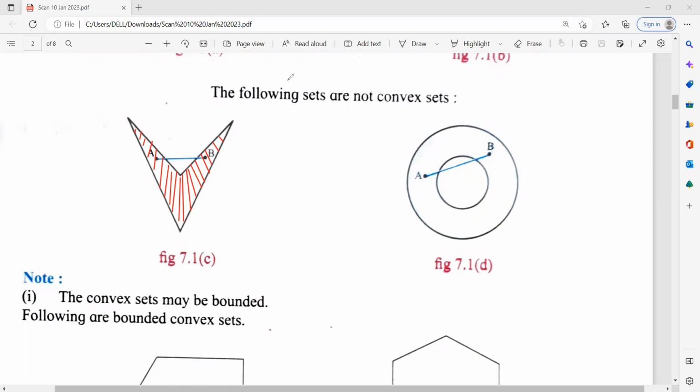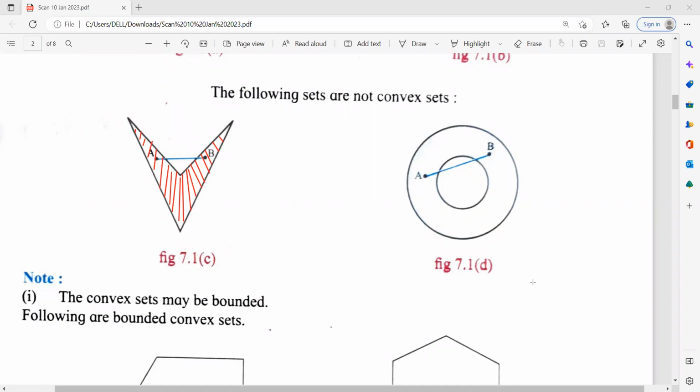But when you join point A with B with the help of a line segment, what do you notice? You notice that there is a part of the line segment which is not inside the set. This part of the line segment is outside the set. Hence, such a set is not a convex set.